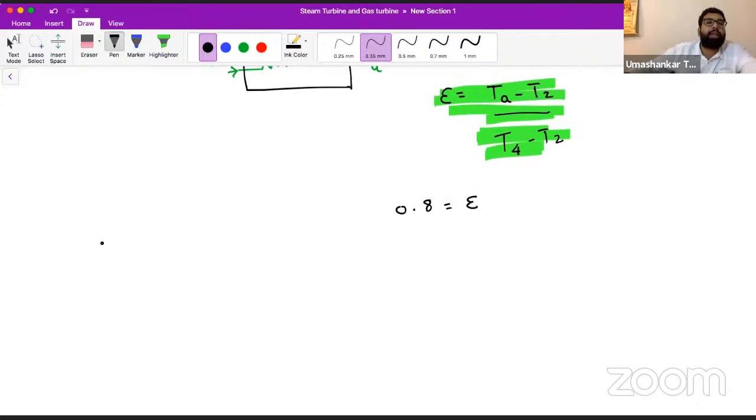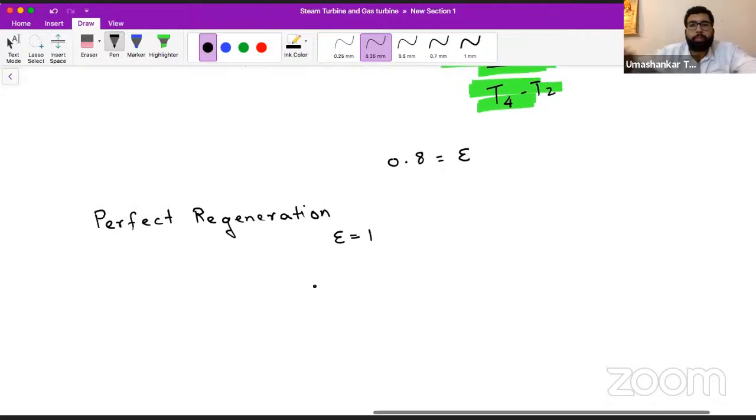So if someone says, sir, that we are having perfect regeneration, it means that the effectiveness of your regenerator or the heat exchanger is maximum possible.